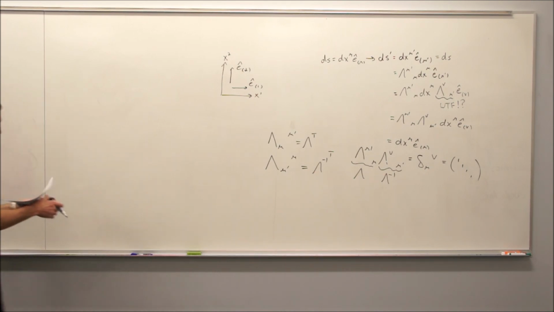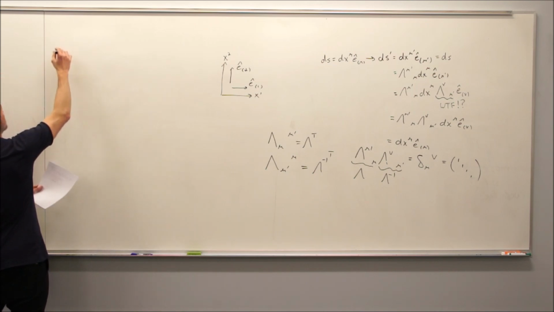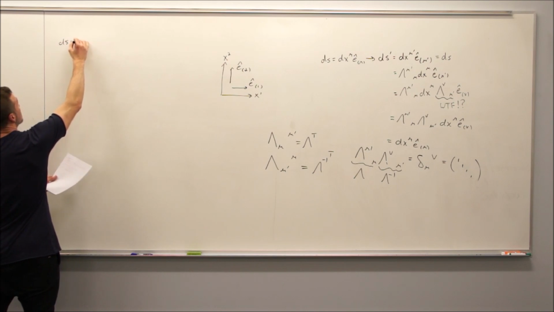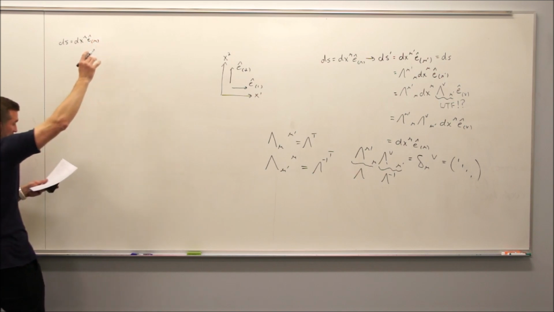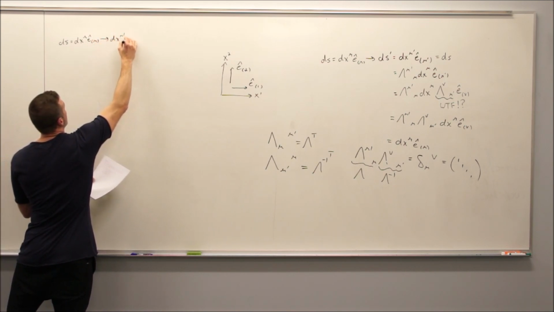So in summary, okay, so in summary, this is what we have for vectors, or for the infinitesimal displacement vector. We have that this guy, and I'm going to do this little summary up here, transforms into this form.